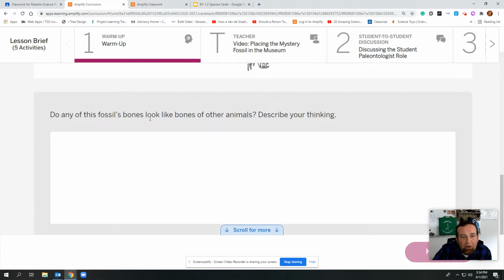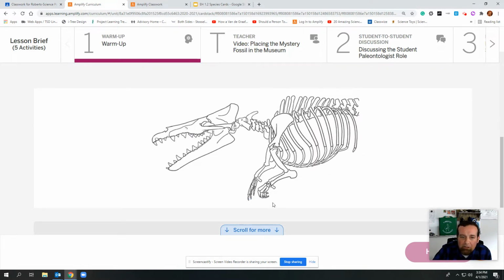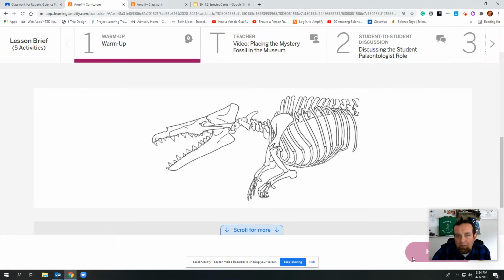Do any of this fossil's bones look like bones of other animals? Describe your thinking. So give it some time, look it over, see if this looks like any other animal that you've seen. Describe your thinking, push the hand in button, and then we'll go to the next part. Go ahead and pause this video to complete that, and then we'll move on to part 2.